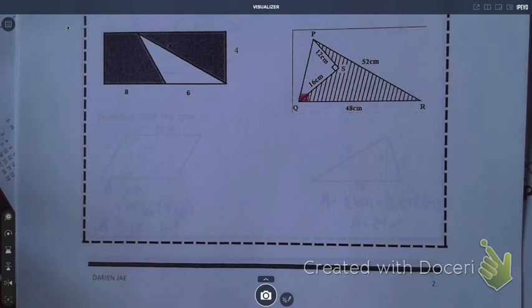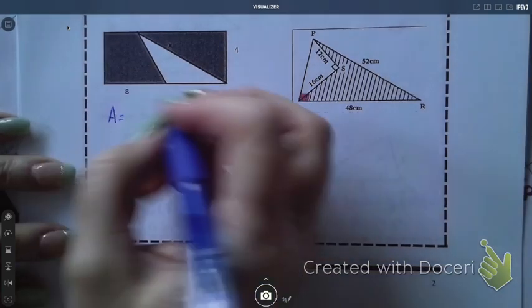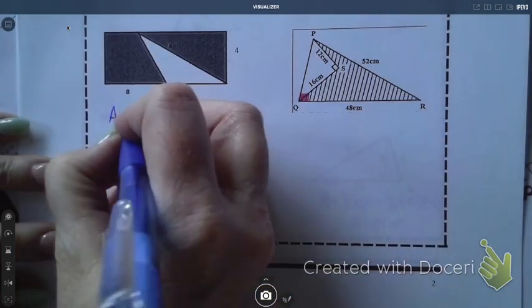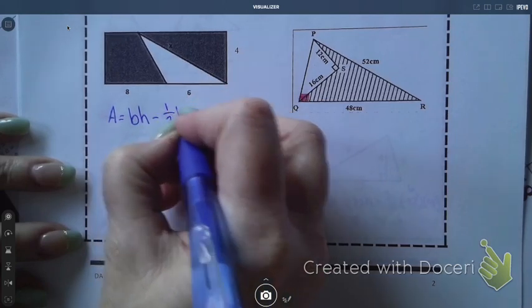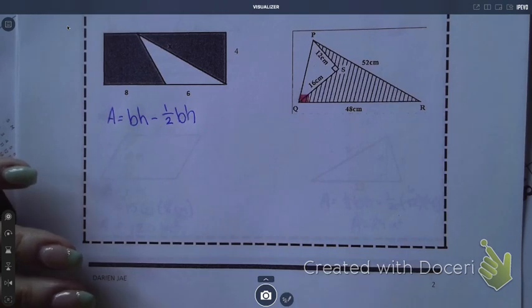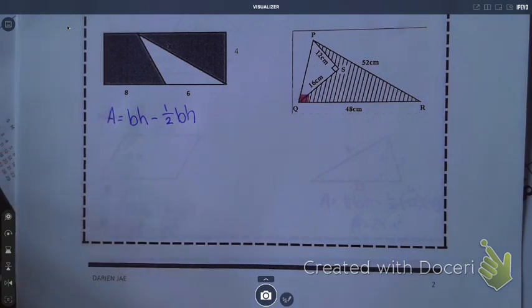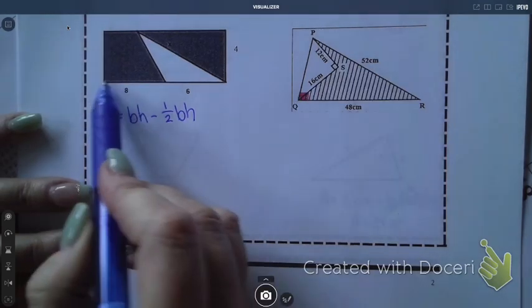Find the area of the rectangle, find the area of the triangle, and subtract it. Right. So I'm going to make my plan. Area of the rectangle is base times height, and I'm going to subtract the area of the triangle. So if I make a plan, does it make it easier than just doing stuff? Yeah.